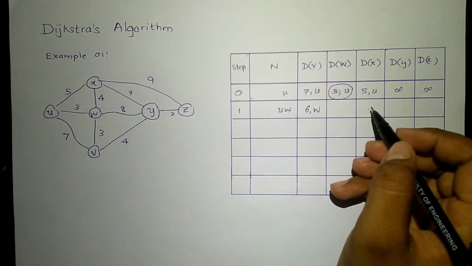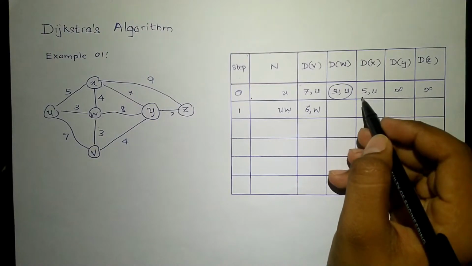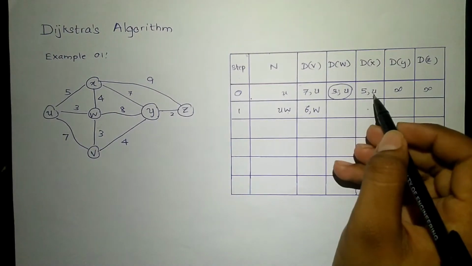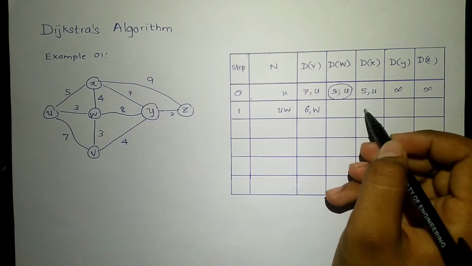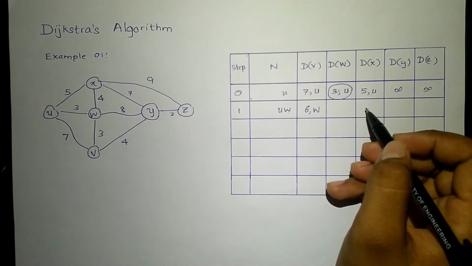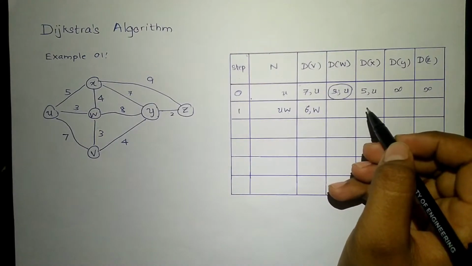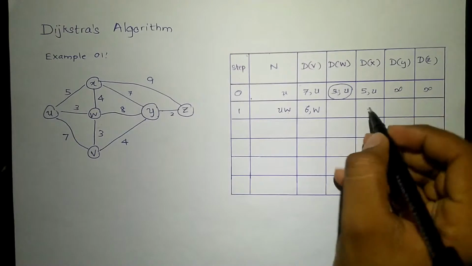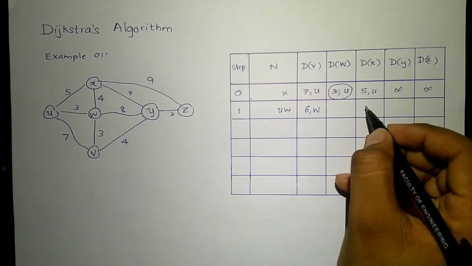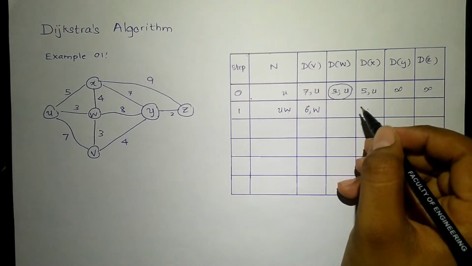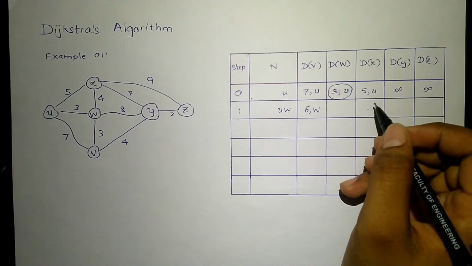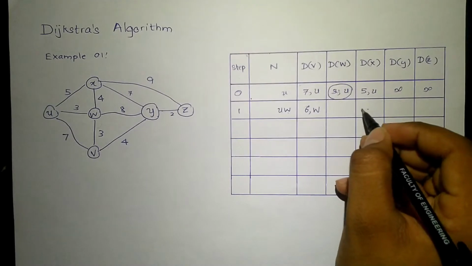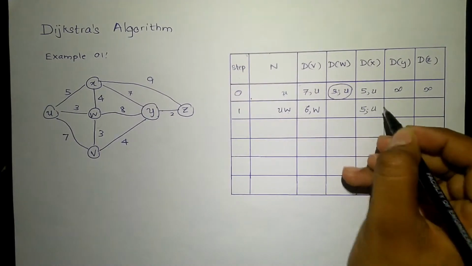As I told earlier, we need to consider the previous cell. Here it's 5U, which is a smaller value than the answer we get for this cell. So we never write the value of that 7W. We repeat the previous answer because the answer we get from this is greater than the previous one.